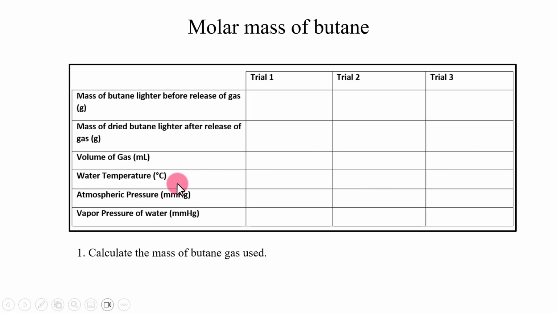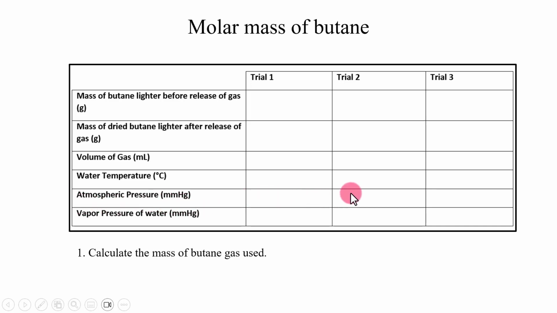The water temperature, and we'll get to it in a couple of slides more, is also recorded, so there'll be 3 values here. They are slightly different from each other, not a whole lot, but just record the correct water temperature for each trial in this table. The atmospheric pressure or barometric pressure is the same.